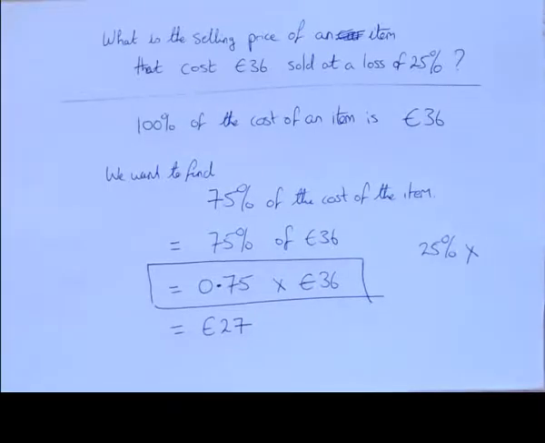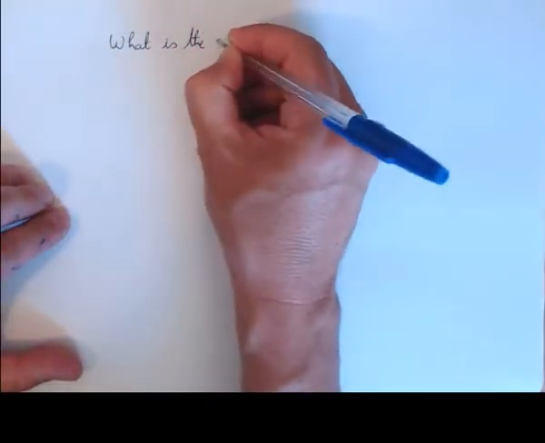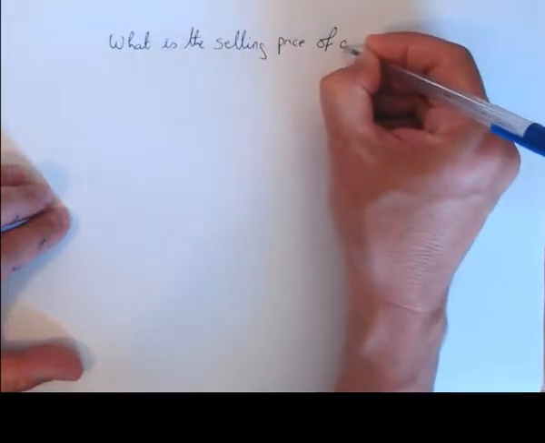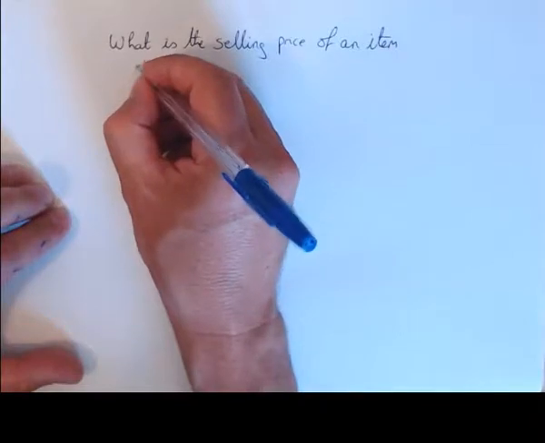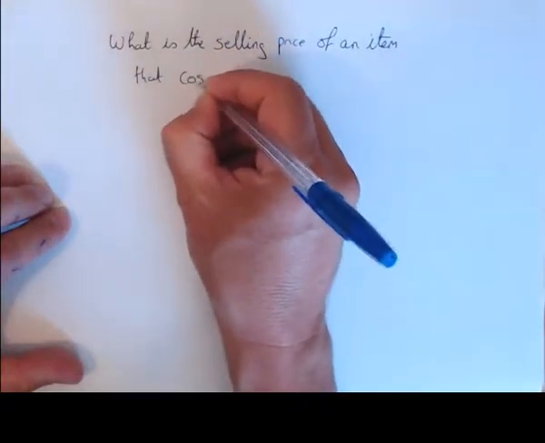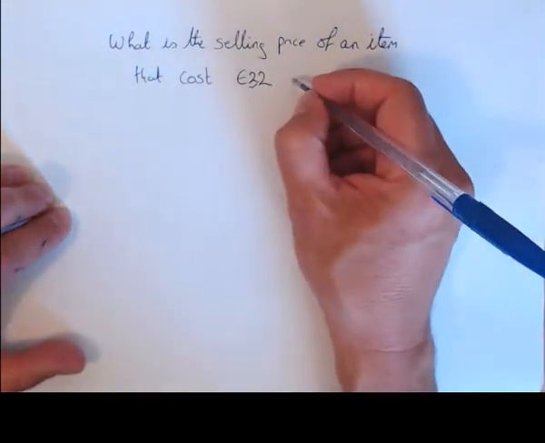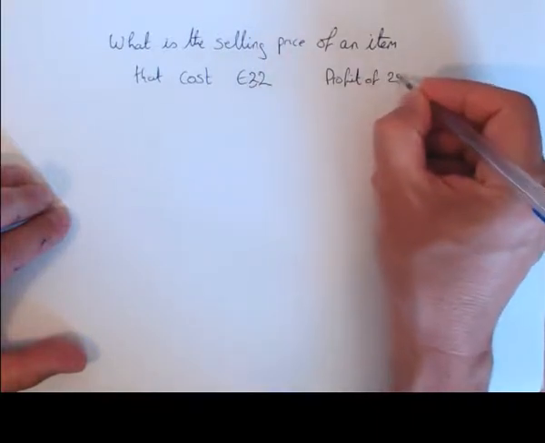Okay, let's have a look at a different question. We're asked in this question, what is the selling price of an item that costs €32 and is sold at a profit of 25%?